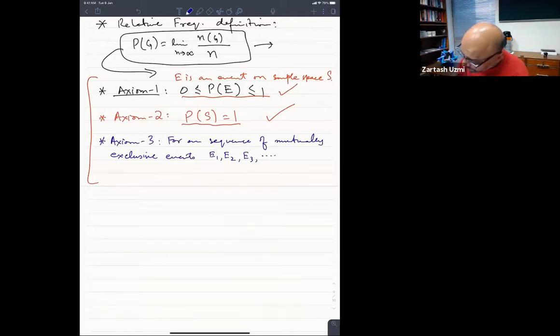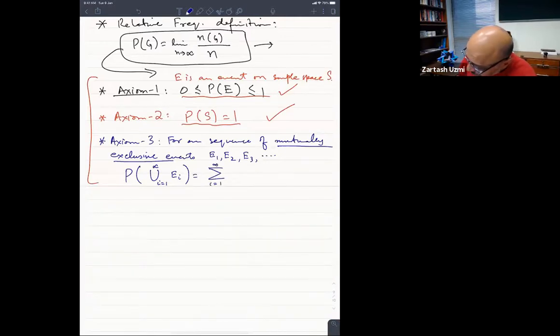For any sequence of mutually exclusive events, इसका मतलब है इन दोनों का जो intersection, कोई से दो E's ले लें, उनका intersection जो है वो null set होगा. Probability of the union of i equal to 1 to infinity E_i is equal to the summation i equal to 1 to infinity probability of E_i. I will explain this in a second कि ये क्या कह रहा है.